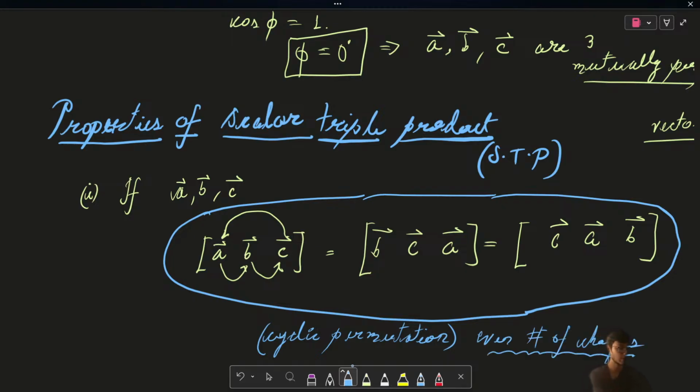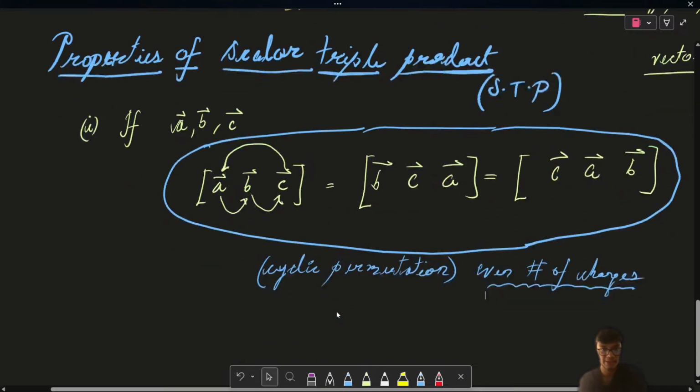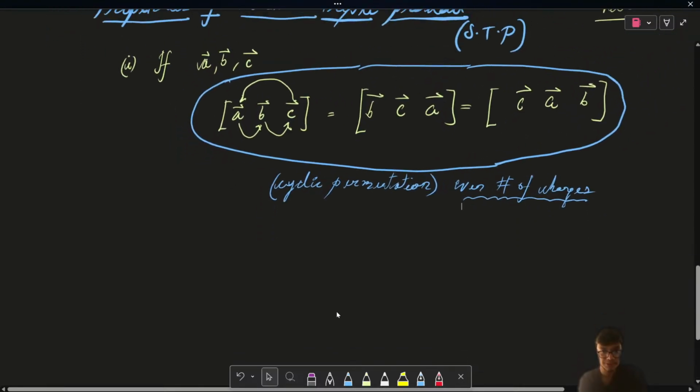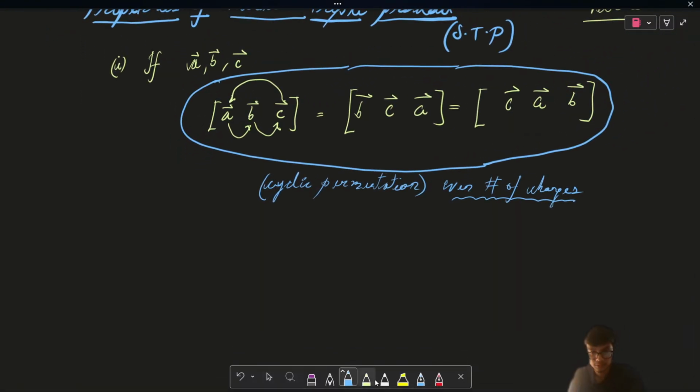Try to solve one important question. Let me try to write the question over here. Based on this, let us say the value of the scalar triple product is given to us as 1. This is given in the problem.